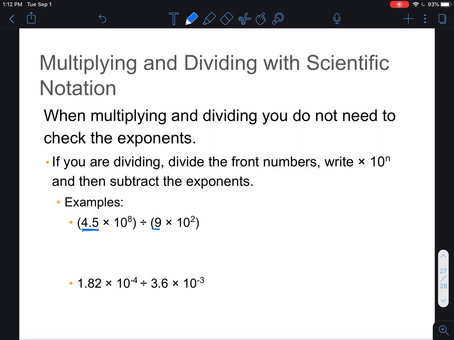And when you divide 4.5 by 9, you get 0.5. However, instead of adding these exponents, we are going to subtract them. So this would be 0.5 times 10 to the 6th. And just like the last one, we have to make sure this is in proper scientific notation. So we got to move the decimal place over 1 spot to the right, which gives us 5 times 10 to the 5th.